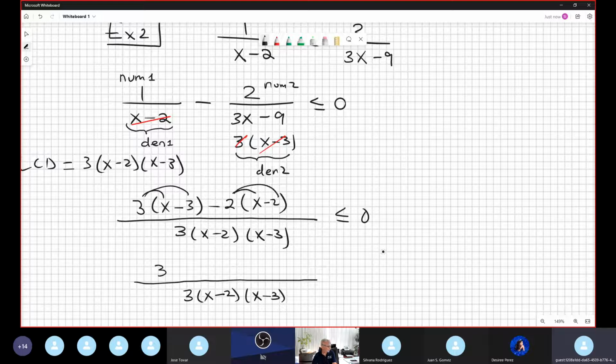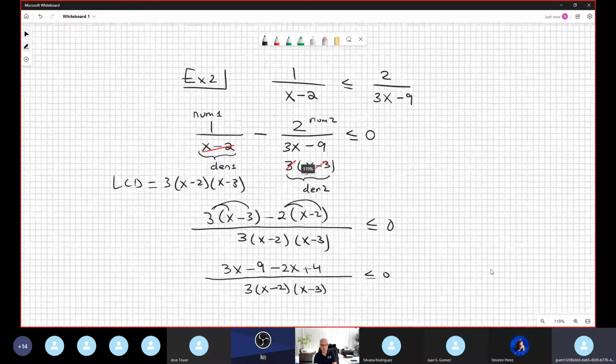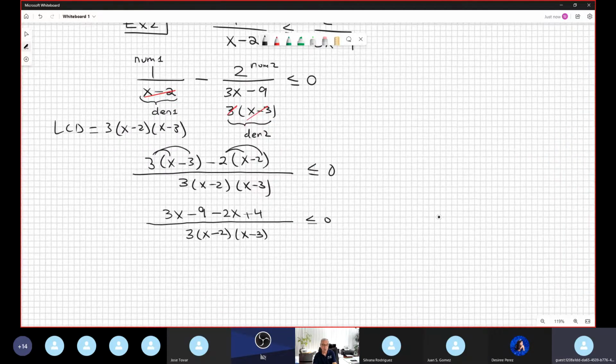We have 3x minus 9, 3 times 3, minus 2x plus 4, right? Almost we finish. We combine like terms: 3x minus 2x is 1x, negative 9 and positive 4 is negative 5. Oh, nice. I like that.